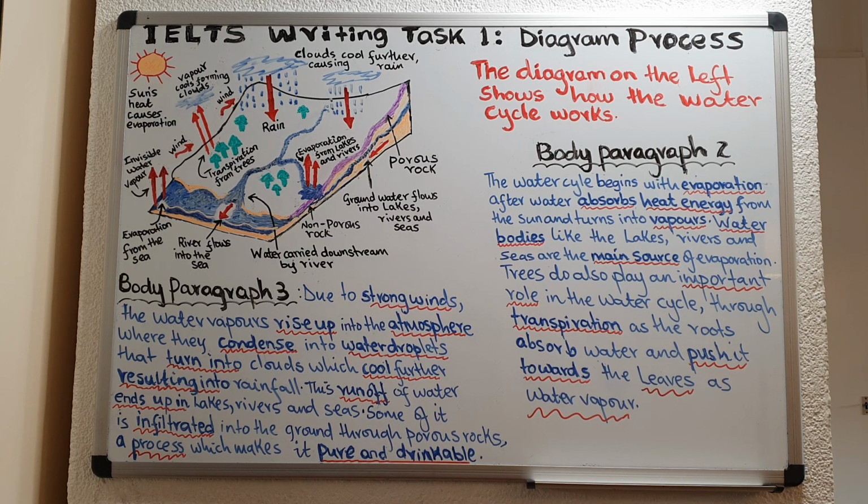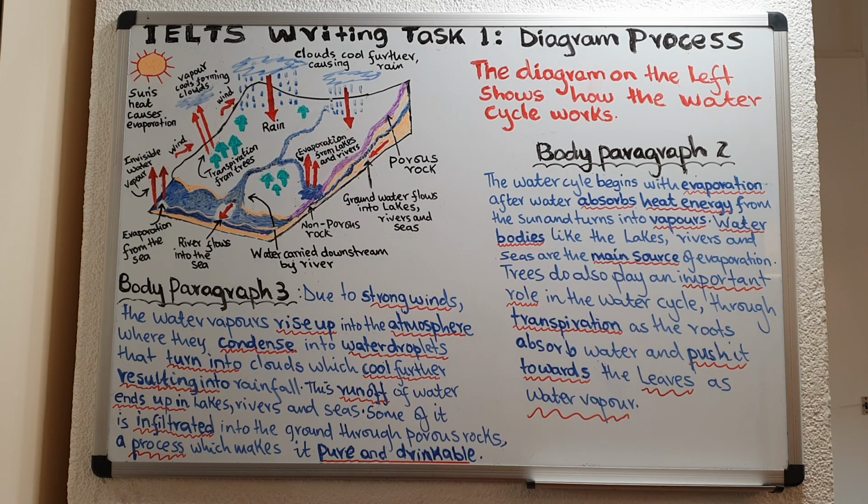And as a result of that, it turns into water vapor. But evaporation is not just as a result of the heating of the lakes, rivers, and the seas. We also have another source of evaporation, okay?